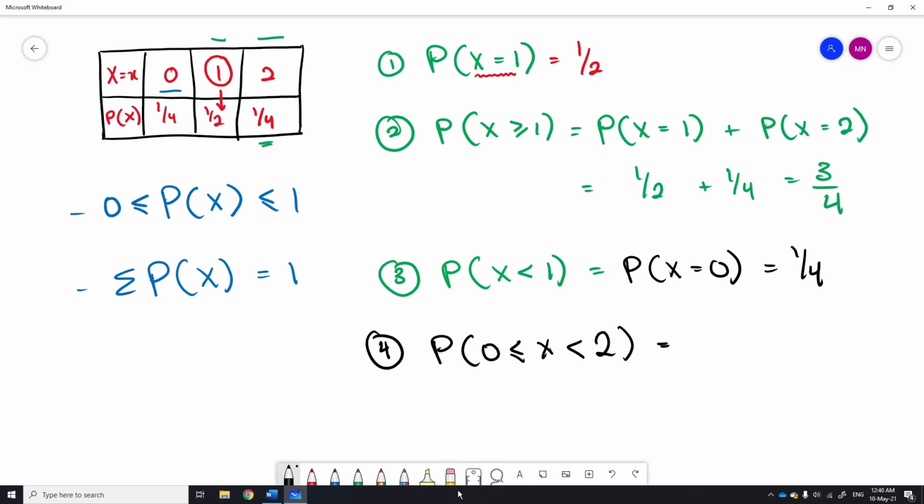So it equals the probability of x equal to 0 plus the probability of x equal to 1. So x equal to 0 is 1 over 4 plus 1 over 2, equal to 3 over 4.